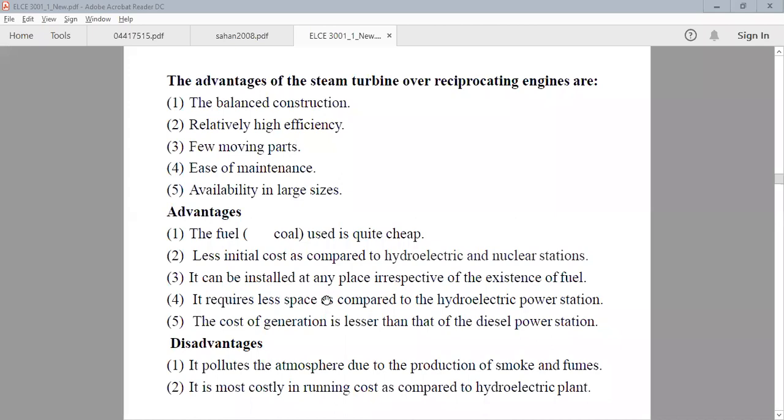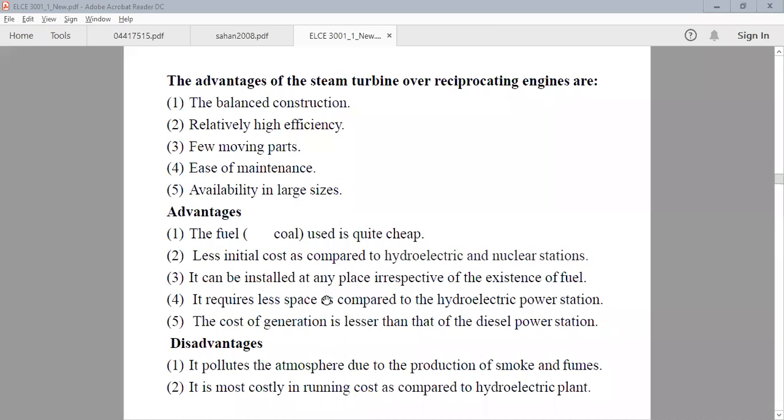What do we mean by initial costs? Okay, I don't want to translate it. I want the meaning.